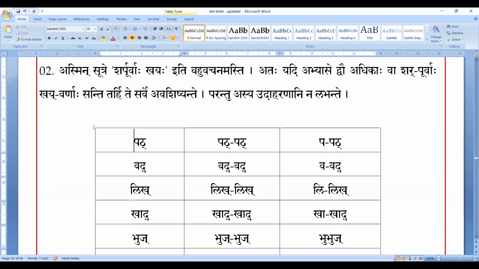So therefore, for an aladi dhatu having shakara, sakara, shakara, if a khay letter comes, then the khay letter will remain. Example, spard, suppose we do spard. Spard spard. Here this shar letter purvaha followed by khay letter will remain. Therefore it becomes paspard.